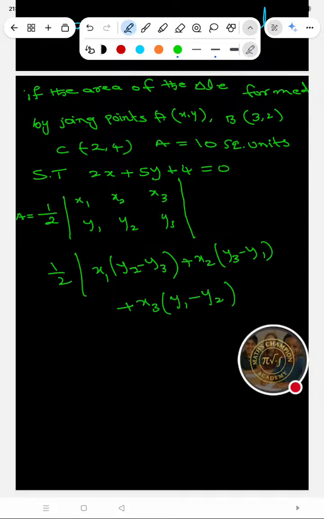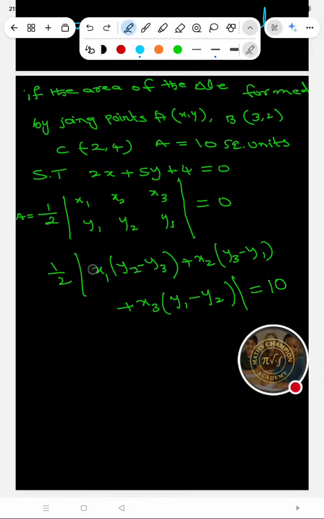This is the formula. You have to equate it to the area given, that is 10. So the 2 ones are 2; if you take this to that side, it will become 20, since a divisor goes to the right side.